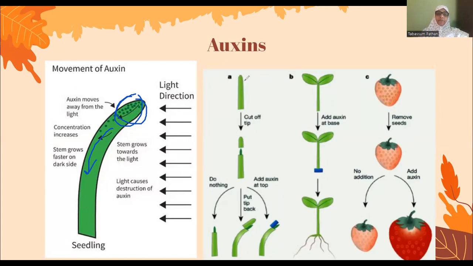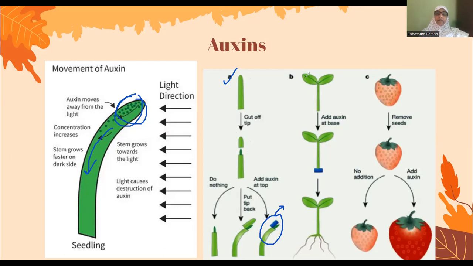For example, you take a shoot apex and you cut the tip off. If you add auxin at the top, they will start growing and produce more. They will show responsiveness in the direction of the light.